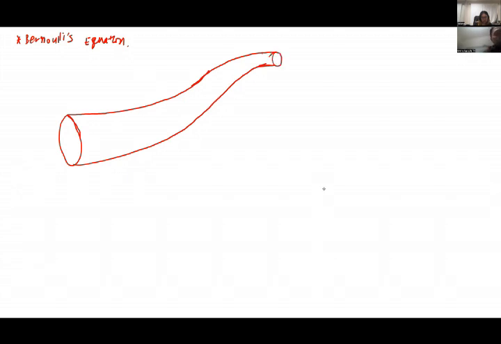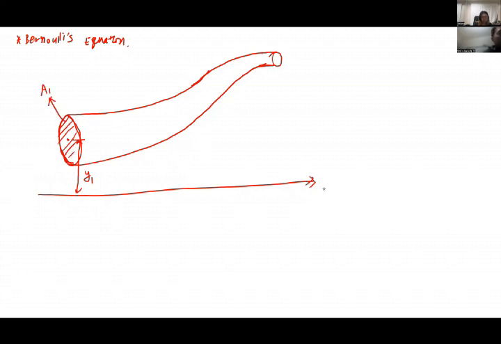Now the pipe itself sits above the reference ground, so that the middle of the input pipe is located at y1 above the ground plane, and its cross section is A1.